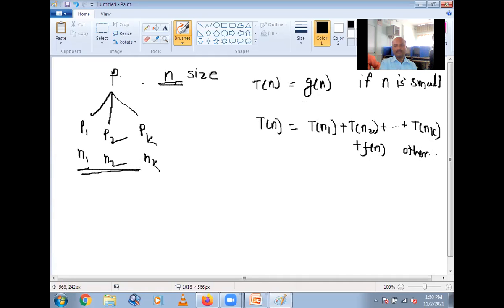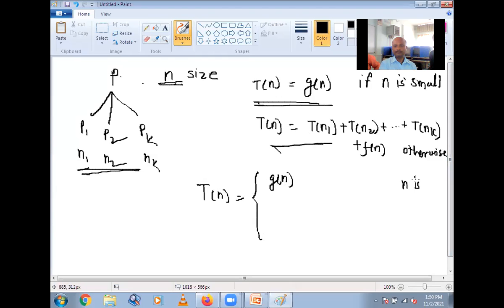This is for otherwise. And we can combine these two equations. We get T of n equal to G of n if n is small.